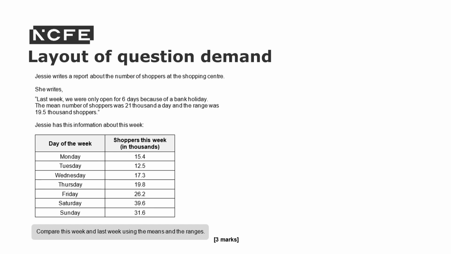The mean number of shoppers was 21,000 a day and the range was 19.5 thousand shoppers. Jessie has this information about this week in a table, and we need to compare this week and last week using the means and the ranges. So what we actually have to do is shown in the grey box, making it much clearer for you.